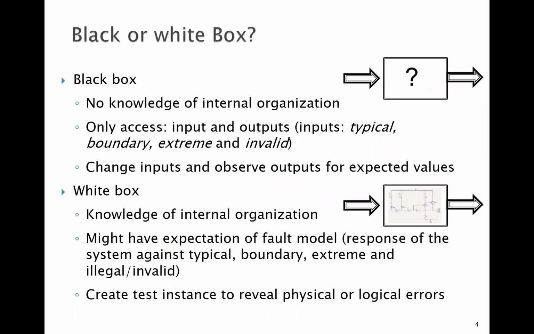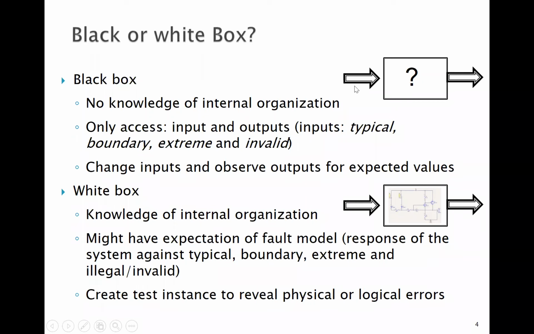So let's see next black box and white box test. On the right-hand side, you can see two system operations. There is an input and output for each of these. At the bottom, you can see the details of the system are known. On the other end, there's a question mark in the black box, the so-called black box test.